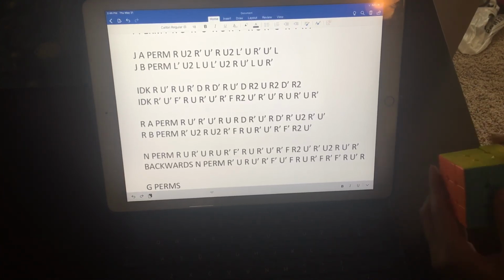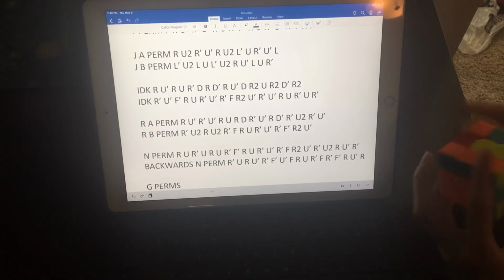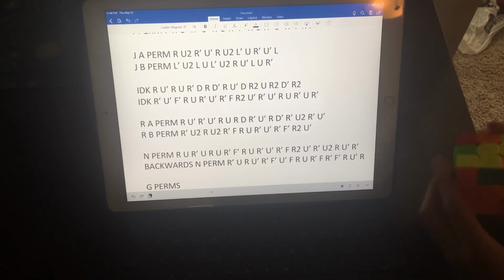I don't like this one because I have to do a lot of regrips on the R2s. But you know, alright, so this next one, it is like a T perm, but it is not. I just messed it up, so I have to set up the cube again.